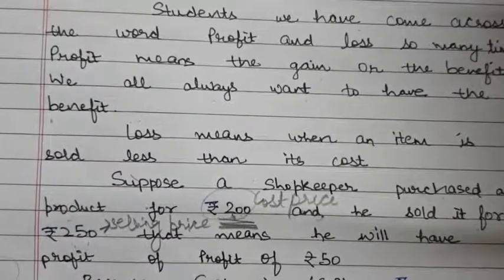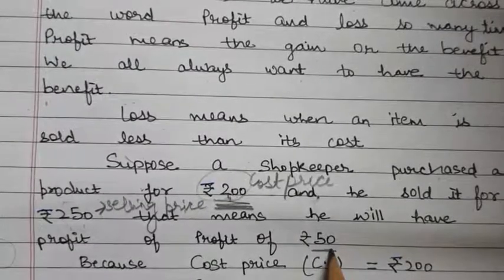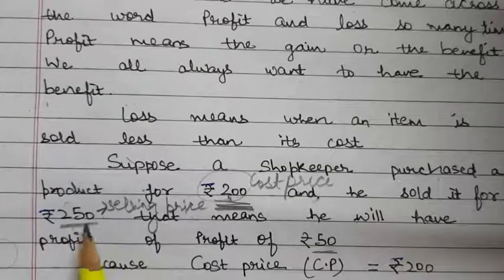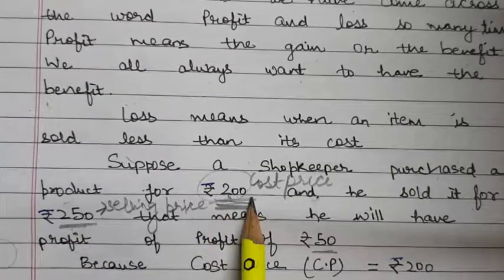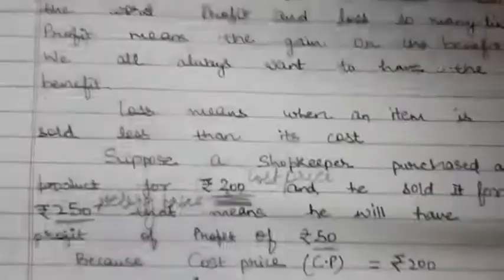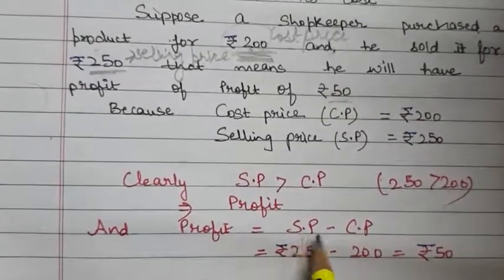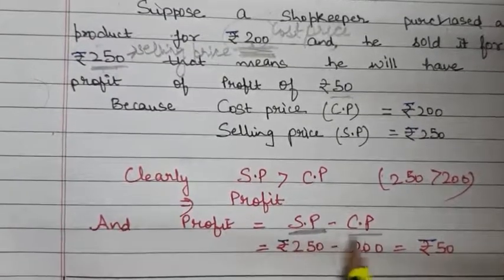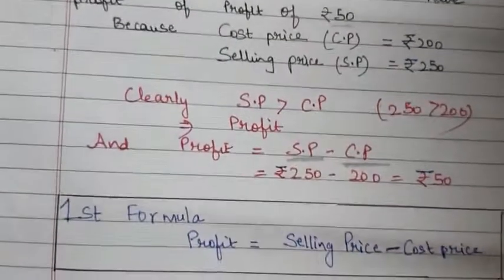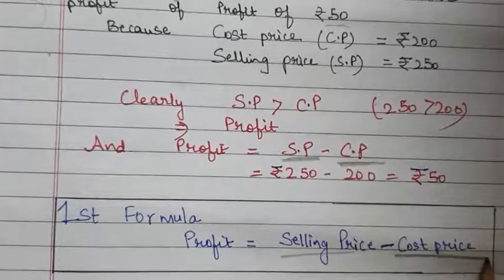Profit. Profit of rupees what? 50 rupees. How do we get 50 rupees? That is 250 minus 200. So we got a formula: profit is equal to selling price minus cost price. So the first formula we have is selling price minus cost price. Clear?